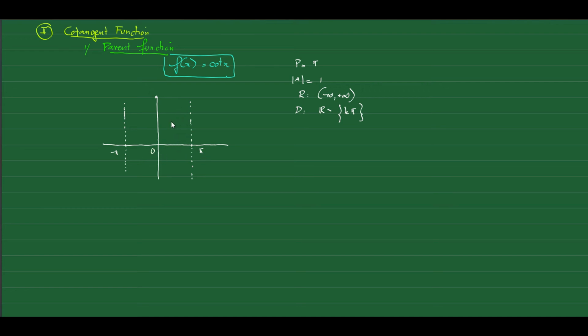So we're going to have pi over 2 over here, and cotangent of pi over 2 will be what? Cotangent of pi over 2.